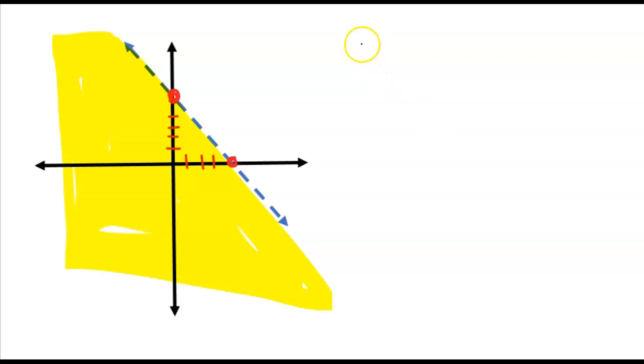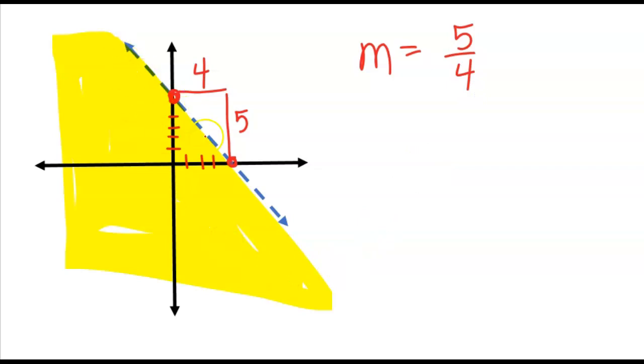When we have a graph, we count the slope by rise over run. So this goes up 5 and over 4. It's rise over run. That's why I always start with the bottom point and go up first. The rise is over the run.